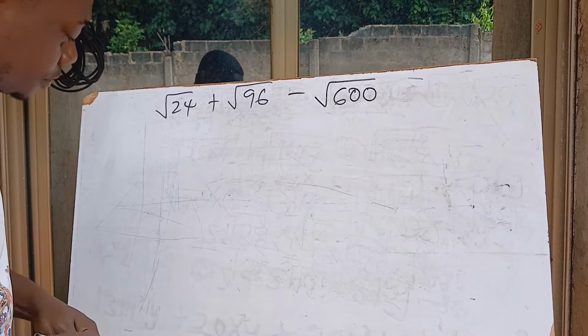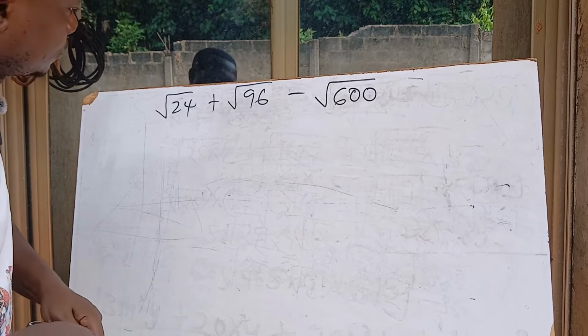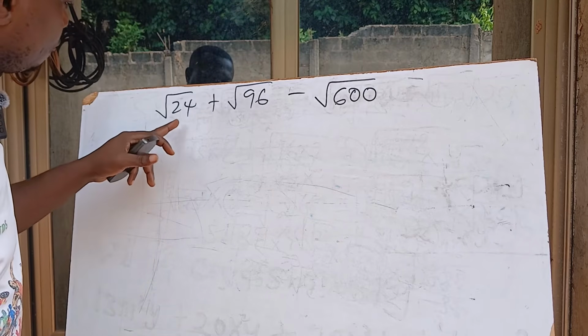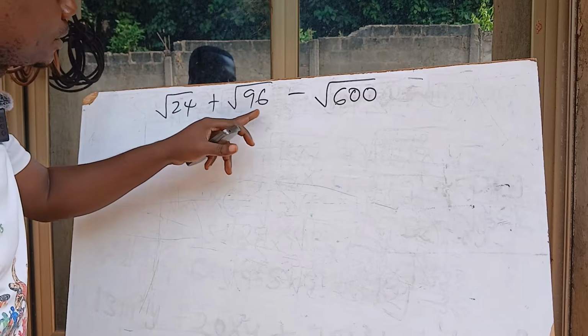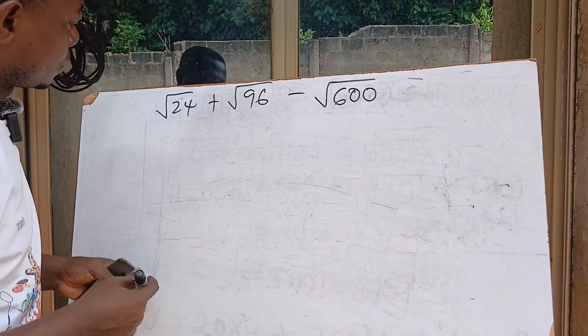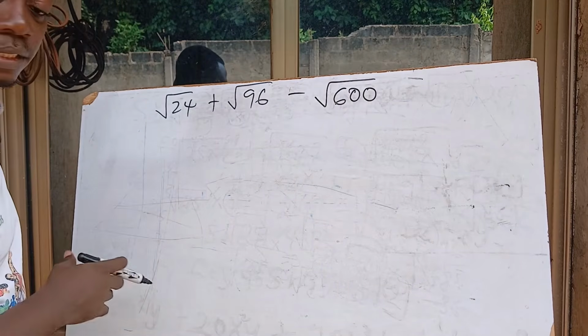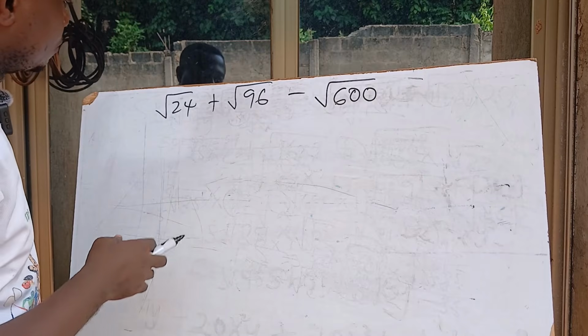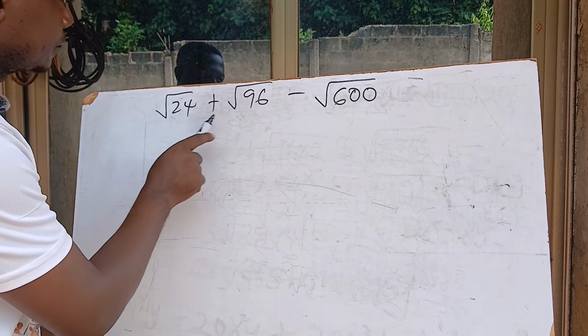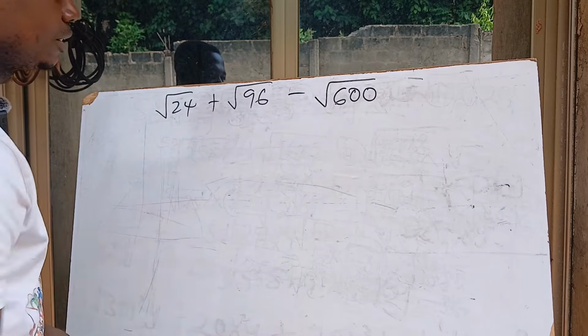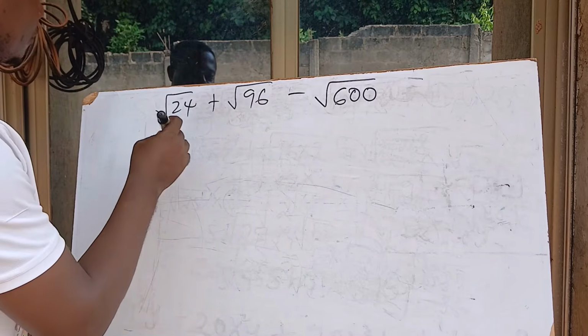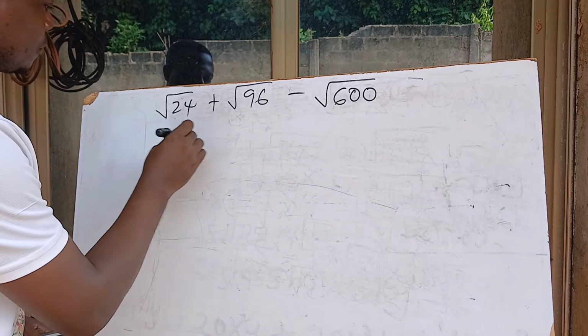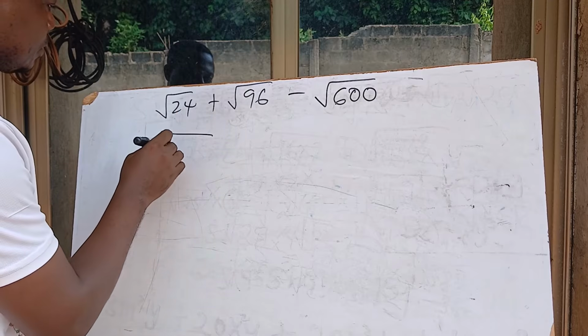Now let's continue with the second example. This time we have 24, 96, and 600. Remember for 24, we used 6. Once 6 works for this, it will work for this, then do the same to this. Now, 24 divided by 6 is 4.